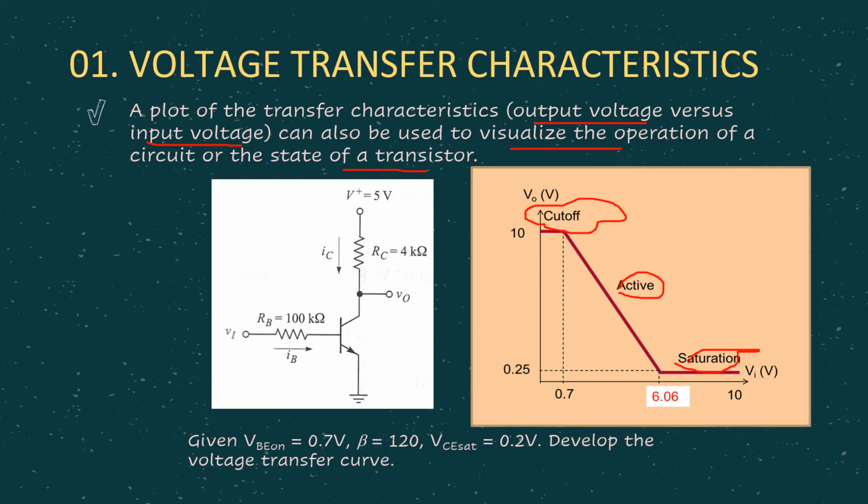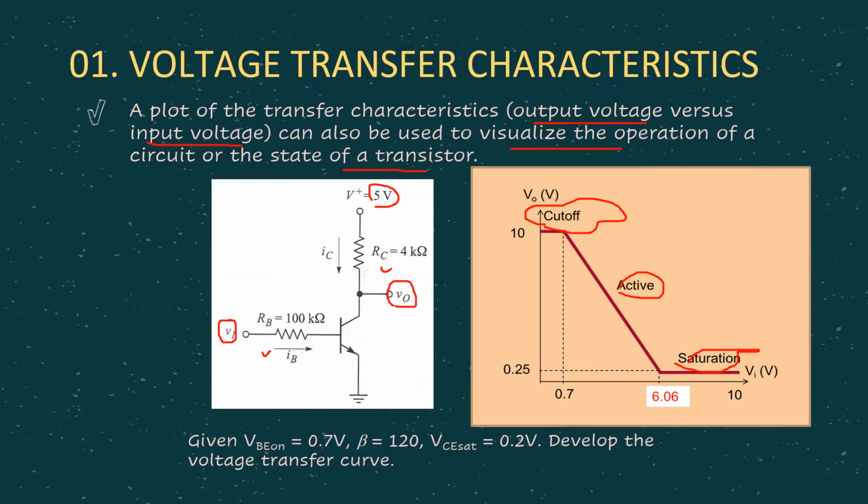In order for us to understand further about voltage transfer characteristics, let's have a look at this example. In this BJT circuit, we have two resistors, RB and RC, and VI connected to RB. VI is our input voltage at the x-axis, and we have a DC voltage of 5 volts connected to RC. V0 is the voltage at the collector terminal.